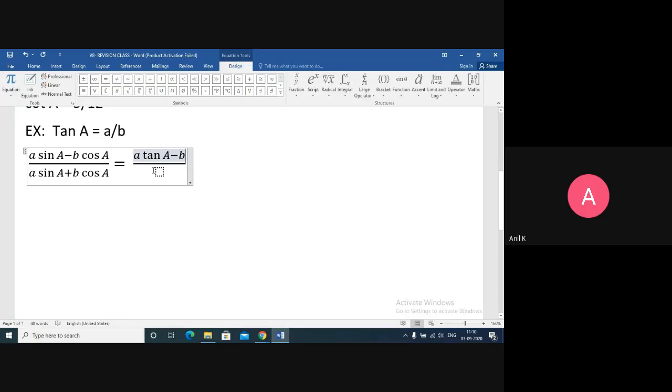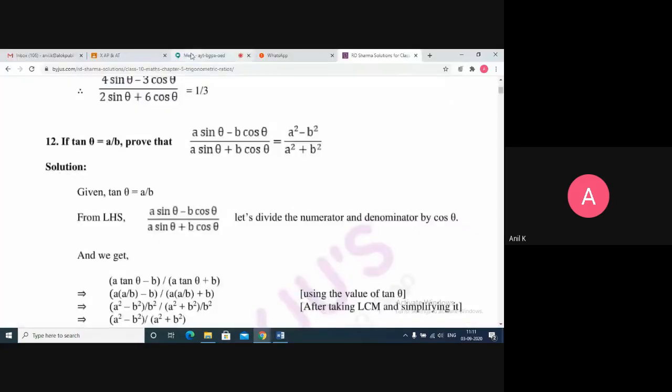So only B will be left out. Denominator also A into sin A upon cos A, which is again tan A only, plus B into cos A upon cos A, which is B only.